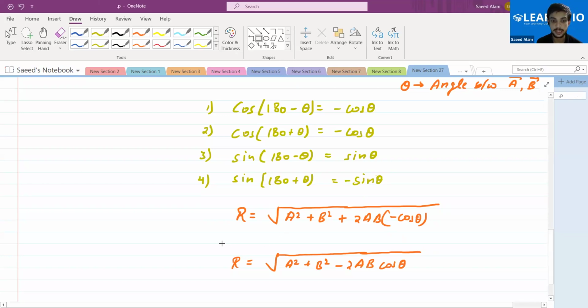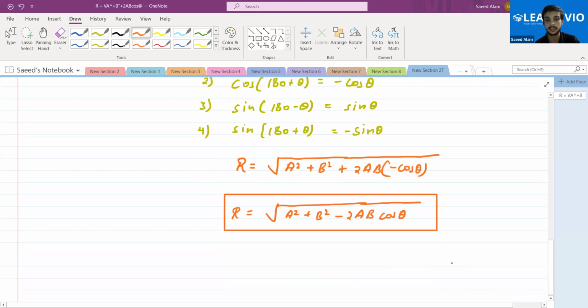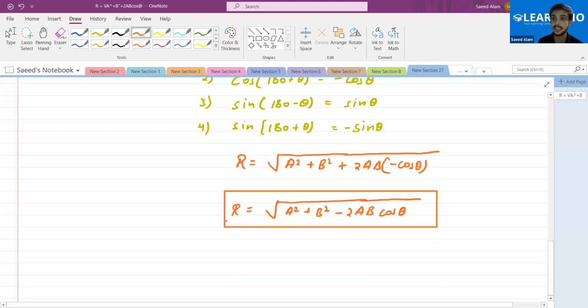So this is the expression that we had obtained for the subtraction of the two vectors. Here r is the resultant of the subtraction of the two vectors. Yes or no? And tell me, what is a here? You should know about everything. Magnitude of vector A. And what is b here?